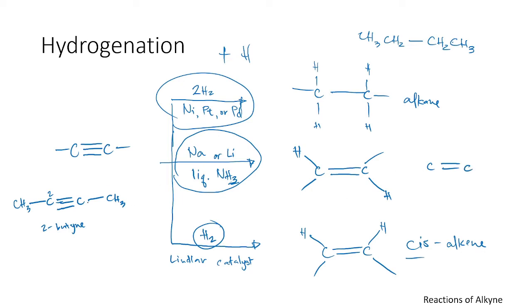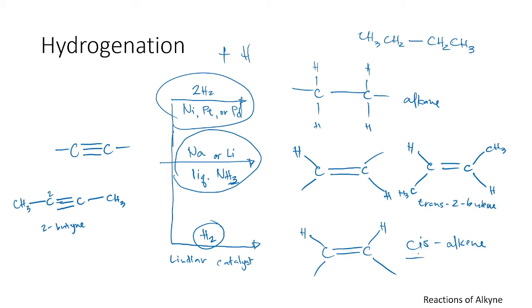Since we will have trans, our CH3 here will be here, and we have our hydrogen here, and our CH3 on the other side. So that is our trans-2-butene.